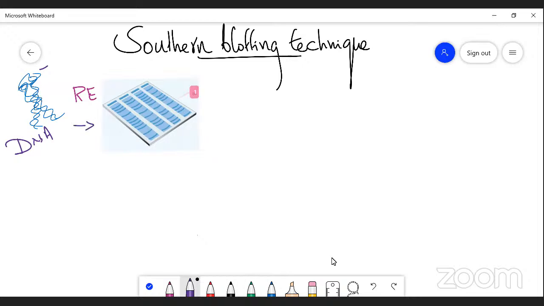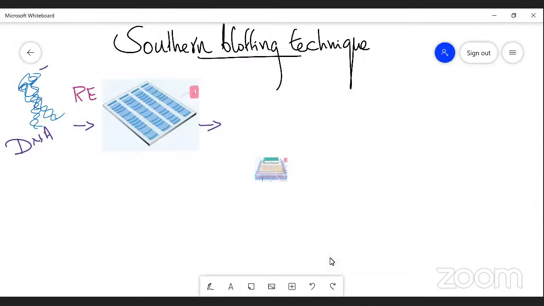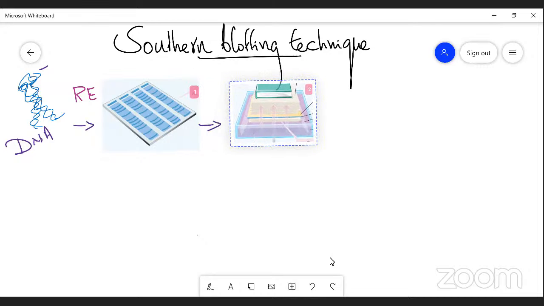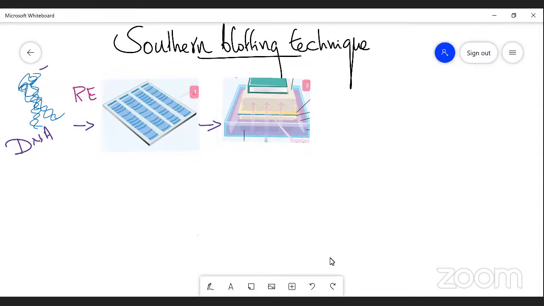And the second step is that it is to be left in a tray containing buffer solution. Actually, in the second step, a tray, a plastic tray, is taken that contains buffer solution.